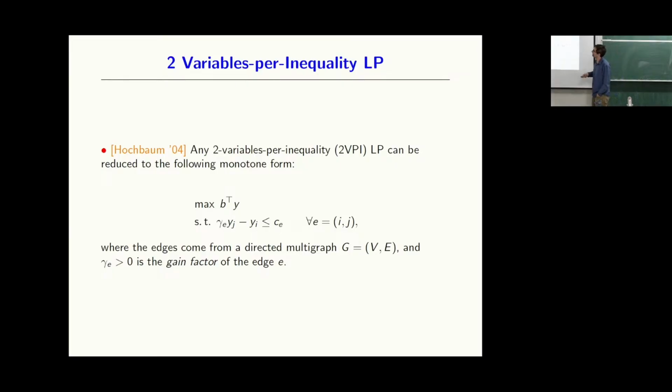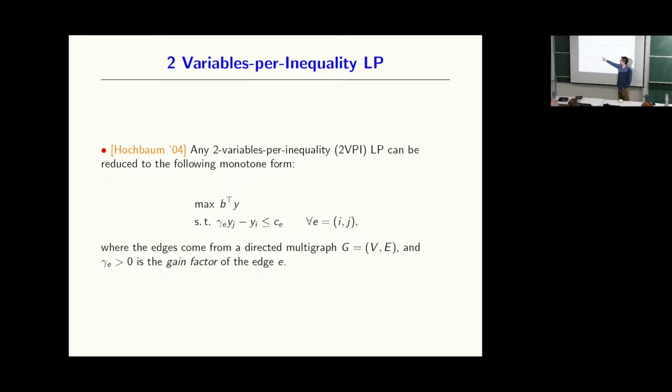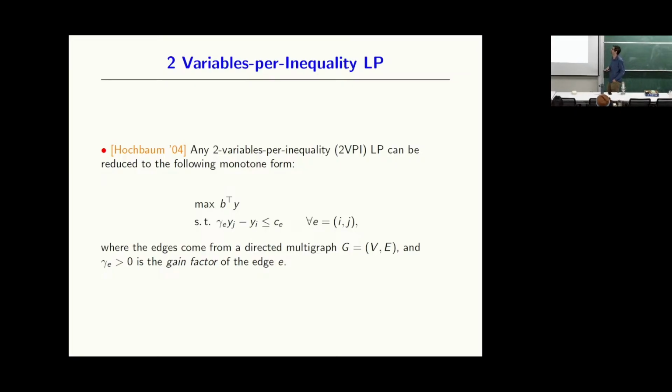So one first thing that you can do, Hochbaum showed that there's a very simple transformation that allows you to write any linear program in 2 variables per inequality by doubling the number of variables into this form. So where every inequality has exactly 2 variables and one of them has a positive coefficient and the other coefficient is -1. This is a simple doubling trick.